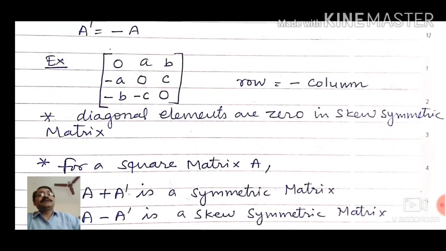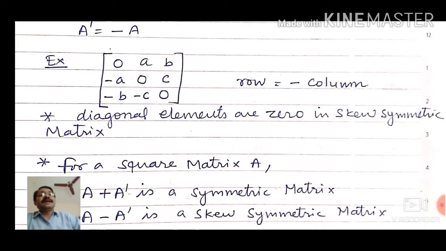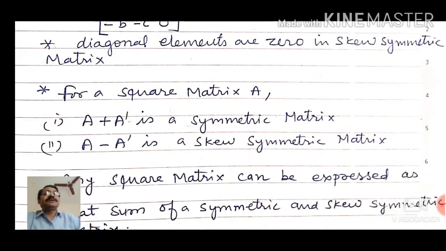Look at the diagonal, you can see the diagonal elements are 0. So diagonal elements are 0 in a skew symmetric matrix.